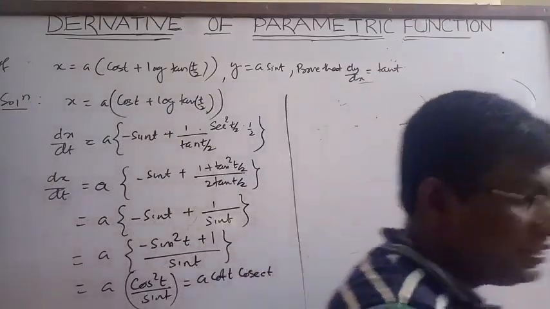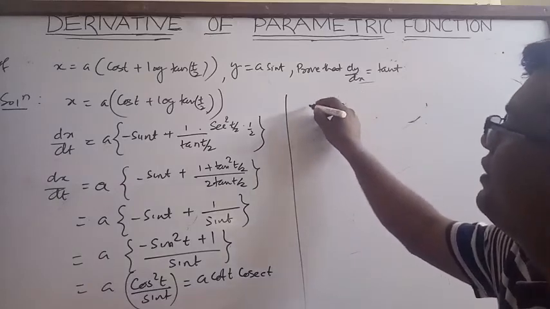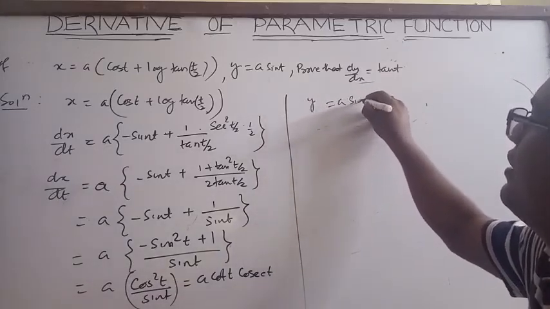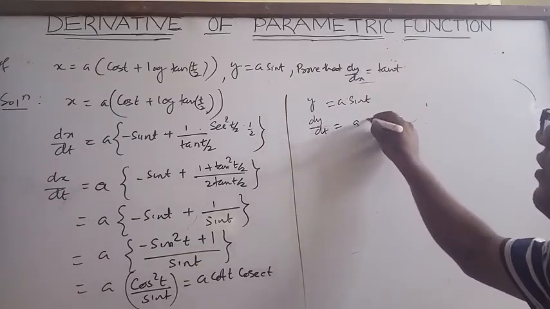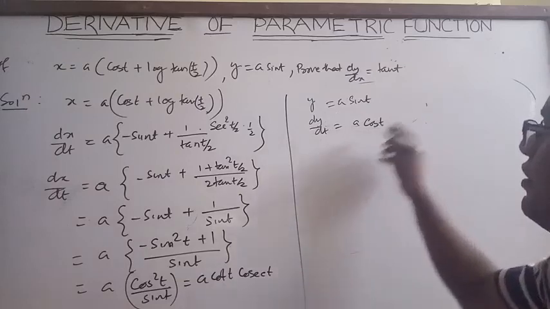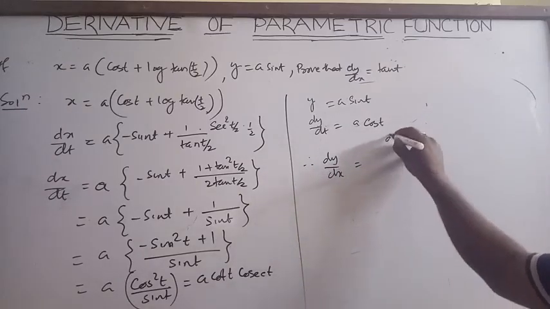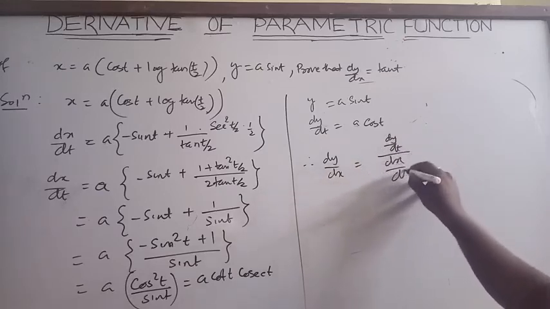Now dy by dt. Y is equal to a sin t, given. So dy by dt is equal to a cos t. Now therefore dy by dx is equal to dy by dt divided by dx by dt.